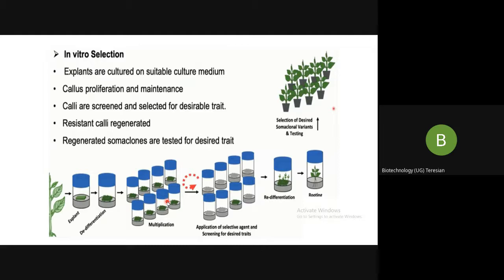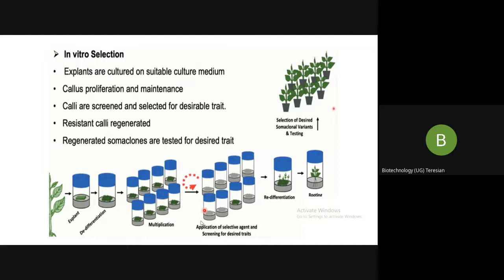The callus can be exposed to any type of organisms. If you want to check whether it is resistant to a particular disease, you can go for it, or you can see whether it has any inhibitory effect against toxin, or whether it shows inhibition to pathogen, or to abiotic stresses such as temperature and salt.